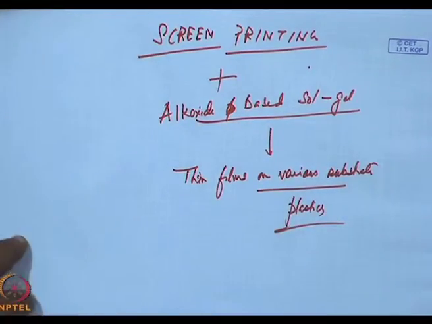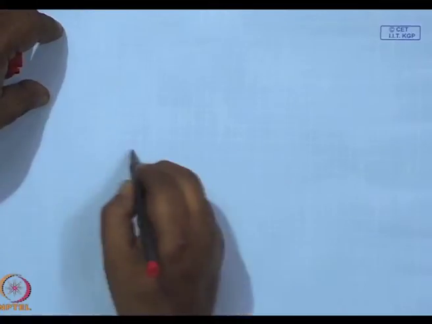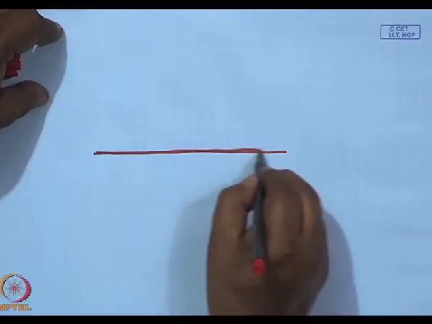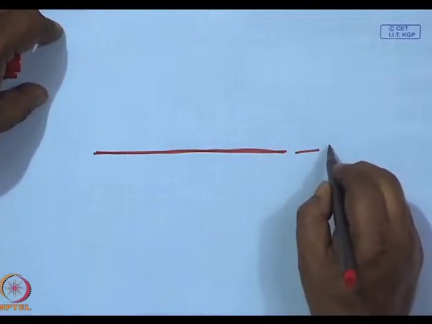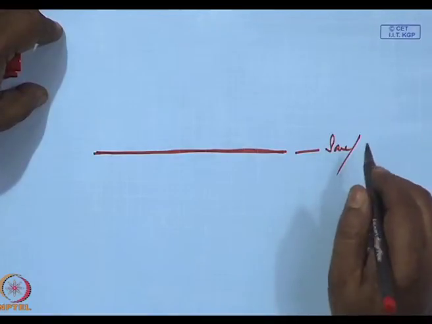In that particular process, what is the screen printing process? In the screen printing process, this is a substrate which may be your sari, on which you want some regular print to be done. So what do they do?